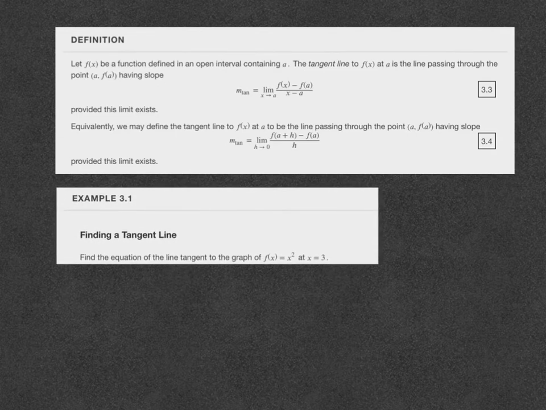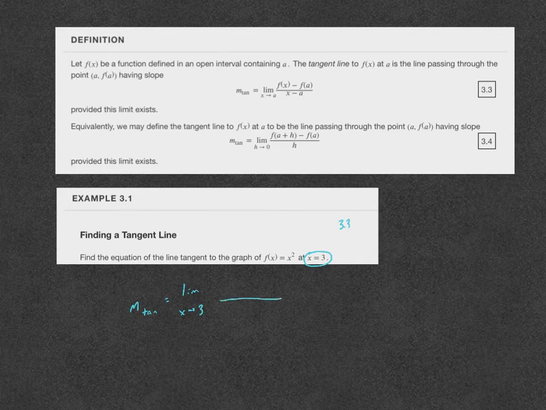I want to find the equation of the tangent line to the graph of f of x equals x squared at x equals 3. And for this one, I am going to use the 3.3 formula, the top formula there. The slope of my tangent line is equal to the limit as x approaches, instead of writing a, I'm going to write the point that we are talking about in this problem, x approaches 3.